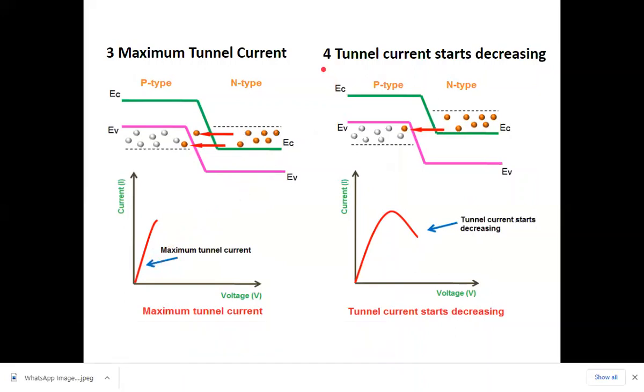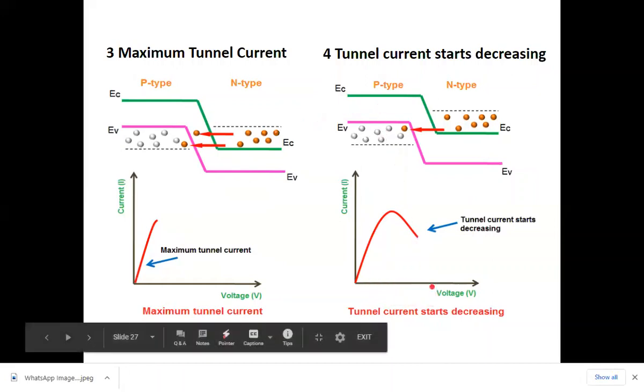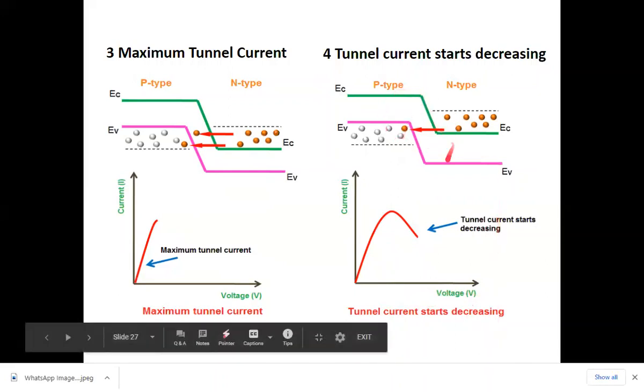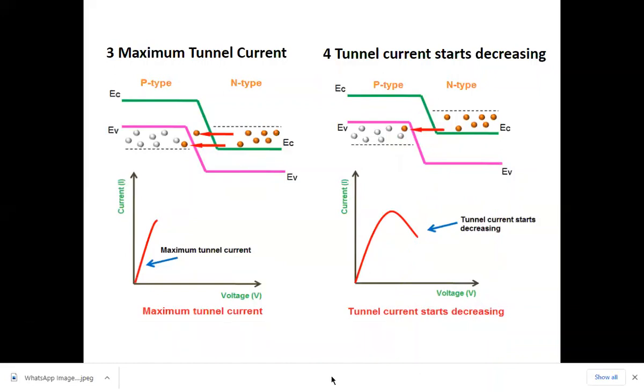Now, in step 4, applied voltage is further increased. If the applied voltage is further increased, a slight misalign of the conduction band and valence band takes place.